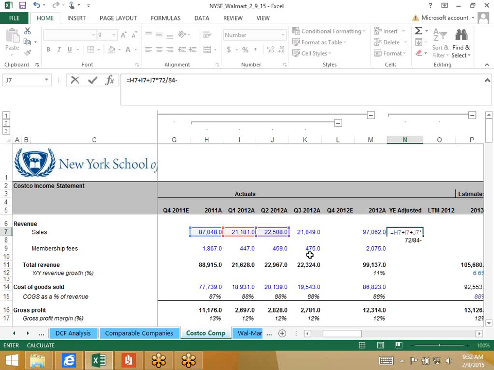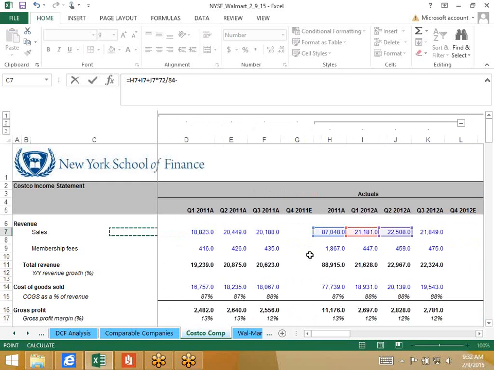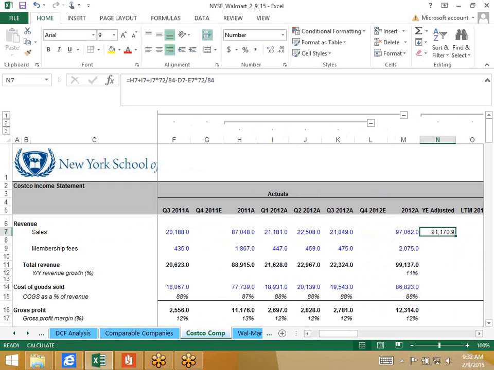So I'm going to do minus the year before's Q1, minus the year before's Q2, times 72 over 84. And that'll give you 91,170.9. Here's their 2012. This is the LTM. This is adjusted for LTM and a little bit of calendars, adjusted for January 31st, 2012, to be in line with Walmart's.